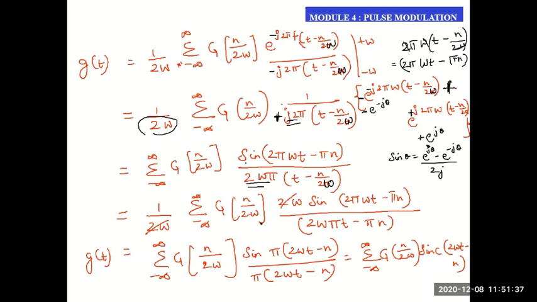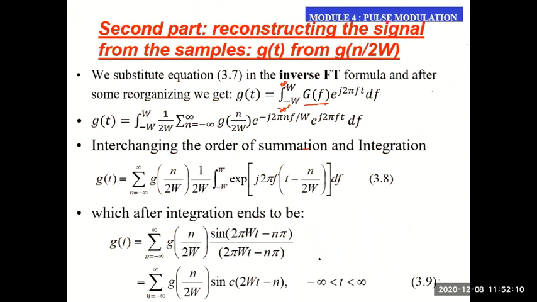So finally we end up with the form sine pi theta by pi theta, or sine pi t by pi t, which is in this form, and that can be written as a sinc function. Sine pi t by pi t can be written as sinc 2wt minus n, and this is small g of n by 2w. Sorry, all this should be small g. And that is what we have obtained here.